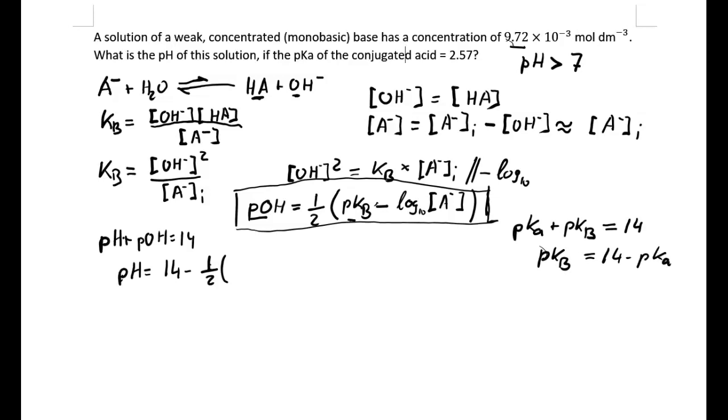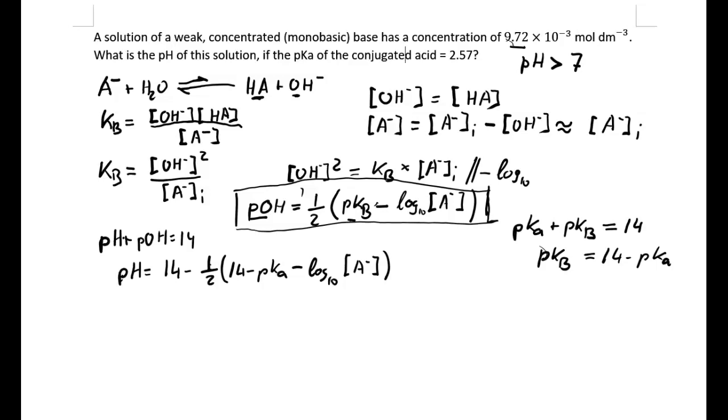So instead of pKb, I write 14 minus pKa, and we still have the negative log base 10 of the base concentration in this bracket here.